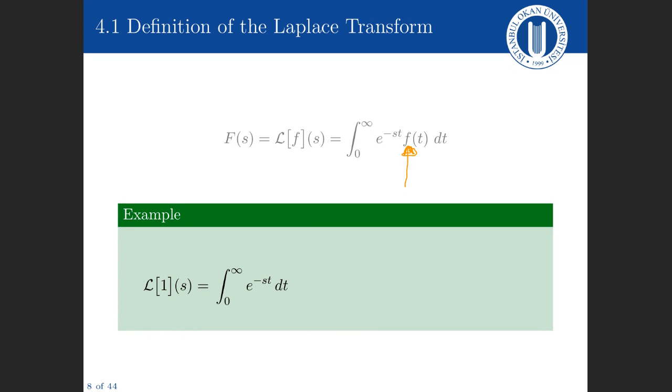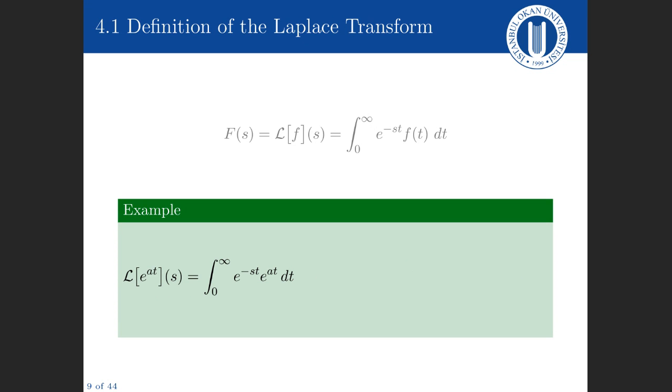So we're calculating the integral from 0 to infinity of e to the minus st multiplied by 1 dt. Of course, that means the limit, and an antiderivative of the integrand is minus e to the minus st divided by s. When we calculate this, we get 1 divided by s, and this exists if s is greater than 0.